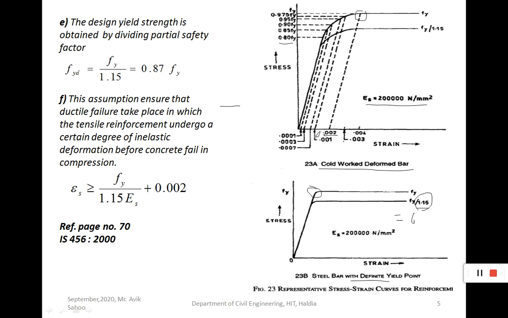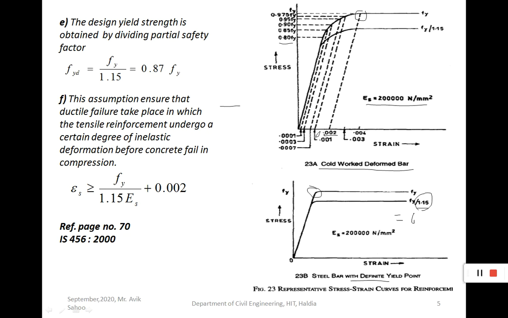The permanent strain is 0.002. Okay. The dotted line is the unloading curve, and it makes a permanent strain of 0.002, which is not recoverable.